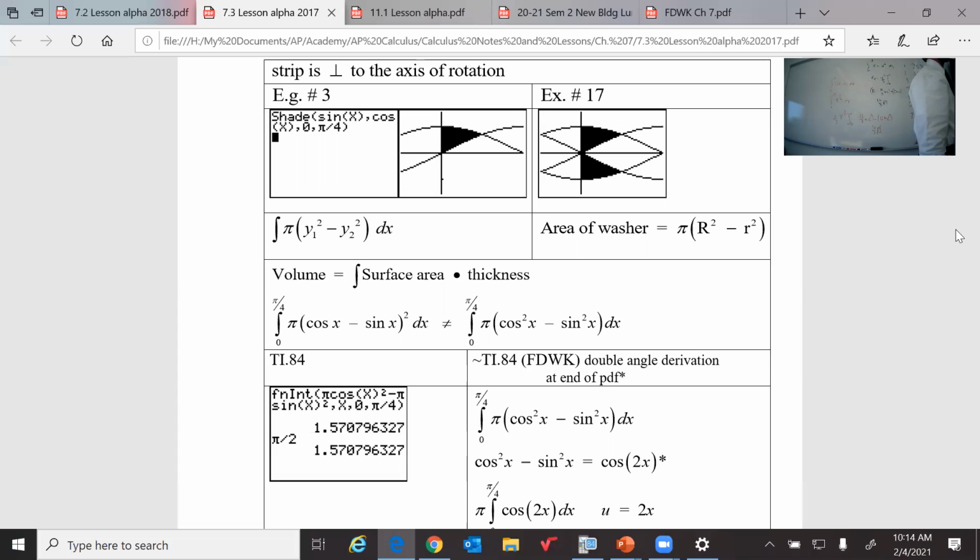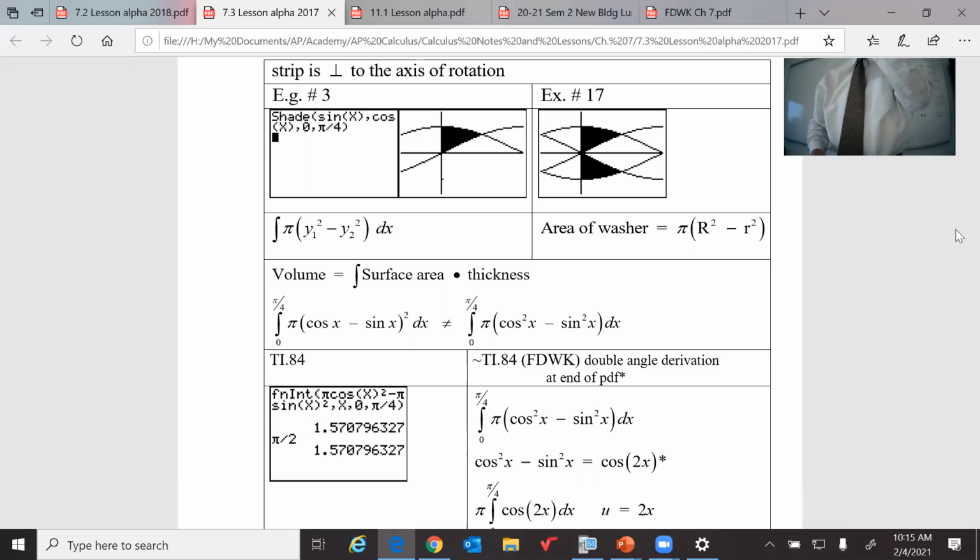Does that make sense? Please don't do this. Please don't say it's pi, big R take away little r, the quantity squared. That's not correct, because you cannot distribute an exponent over subtraction. You have to FOIL it. This is wrong, that's right.